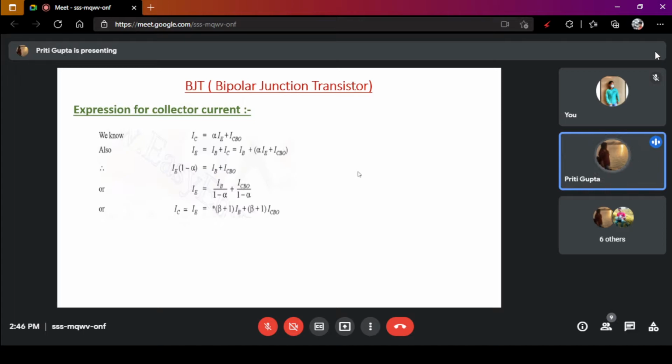Add 1 on both the left hand side and the right hand side. In the left hand side you will get beta plus 1. In the right hand side you will get alpha divided by 1 minus alpha plus 1. Just do the addition, you will get 1 divided by 1 minus alpha is equal to 1 plus beta. Simple. If you are unable to understand this part, just give a heading NB and then write down this part.